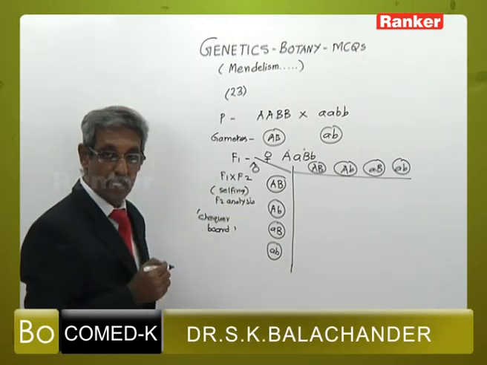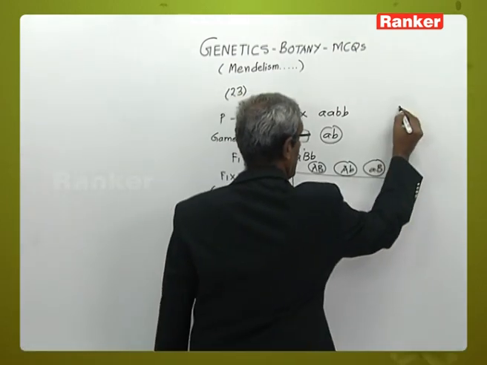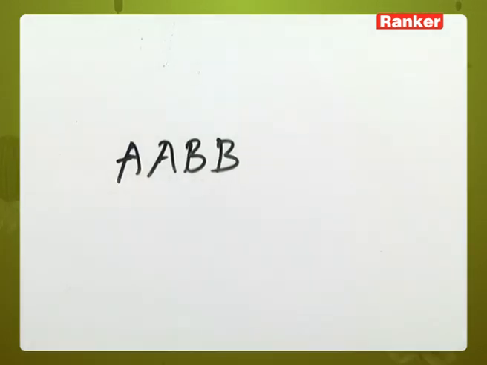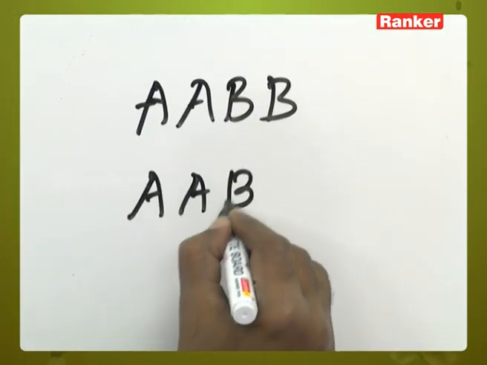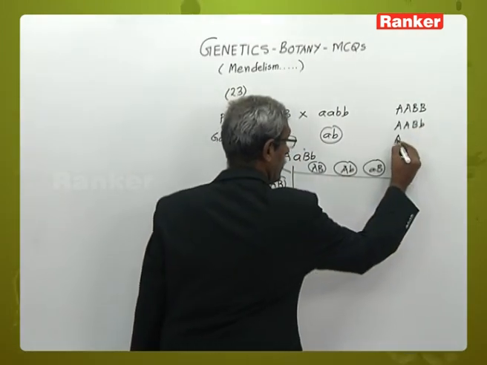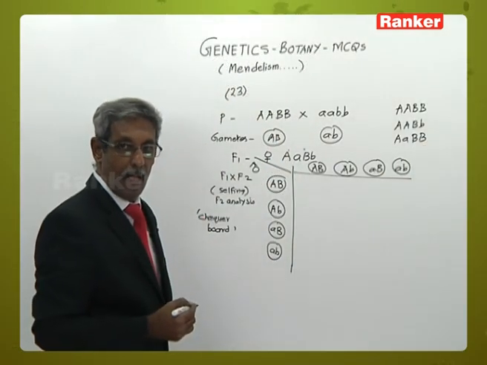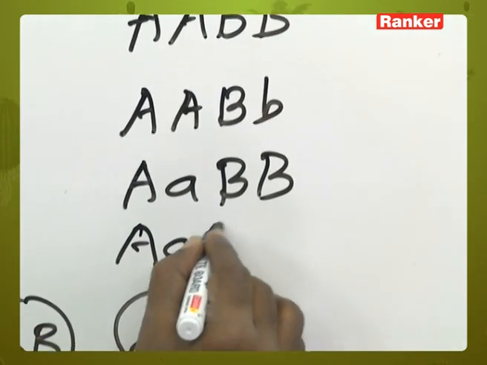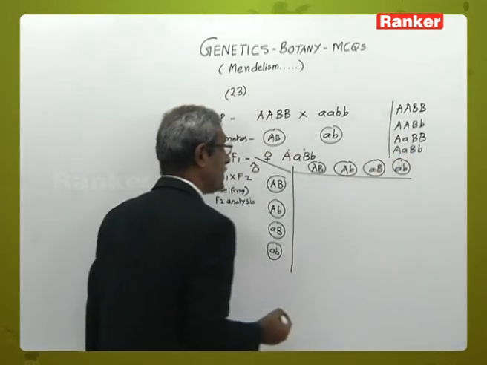Now, as the question asks, what is the probability of AABB, or how many are AABB, how many are capital A, capital B, and small b, and again how many are capital A, small a, capital B, and capital B, as well as how many are capital A, small a, capital B, and small b. So, we have to seek out answers for this.